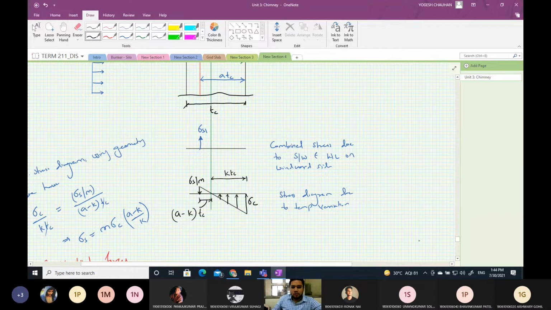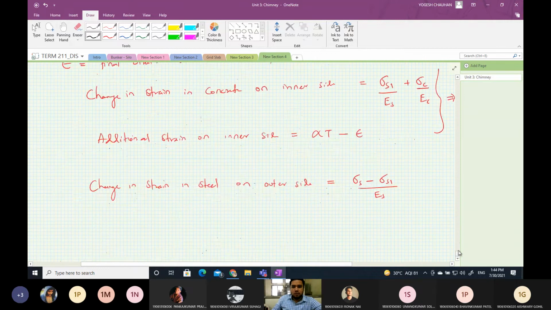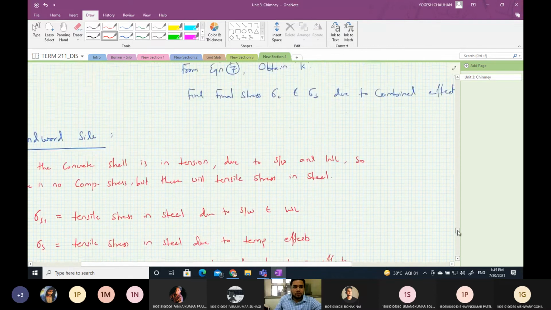And the additional strain in steel on the outer side will be equal to epsilon minus alpha times 1 minus a times T. Okay, this is the same as earlier.